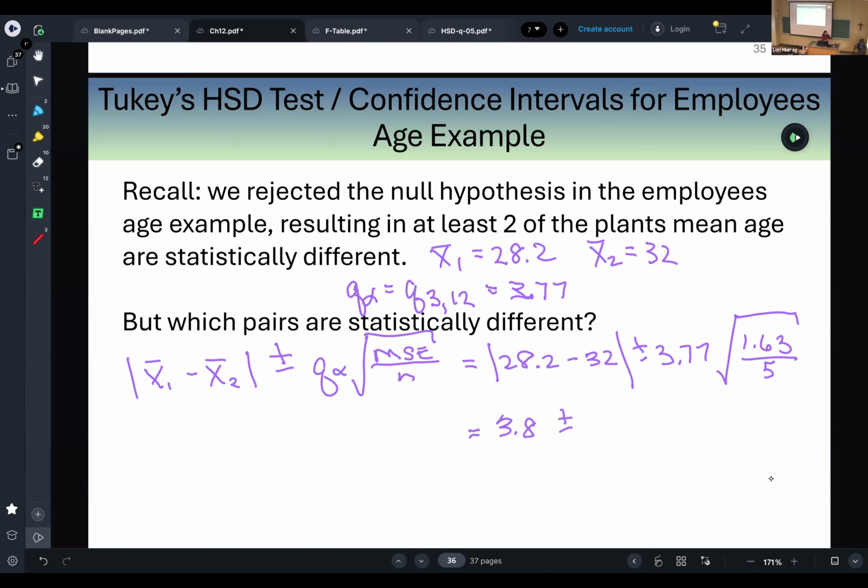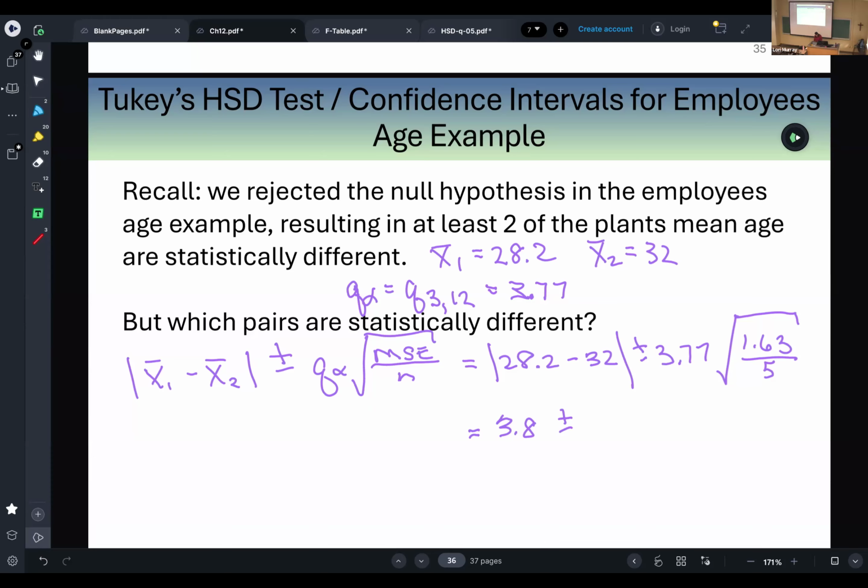plus or minus. And again, we're going to be looking for a 0. That's why we spent so much time on chapter 11, because we're going to look for this 0. So 3.77 multiplied by the square root of 1.63 divided by 5.